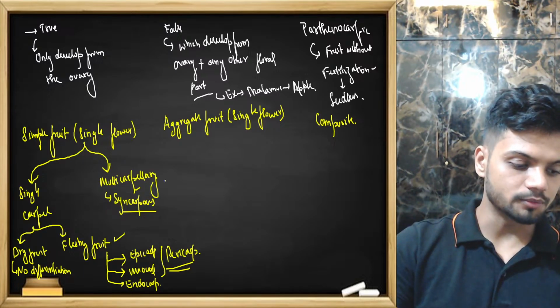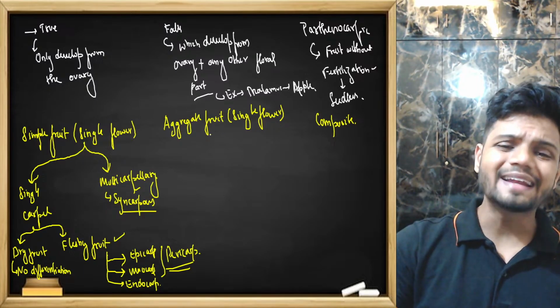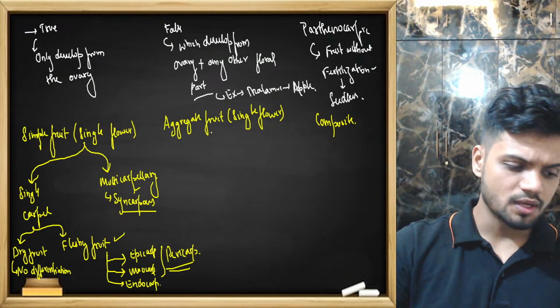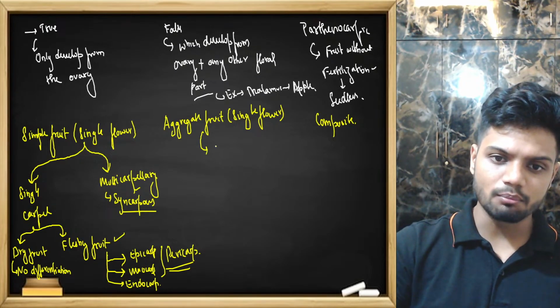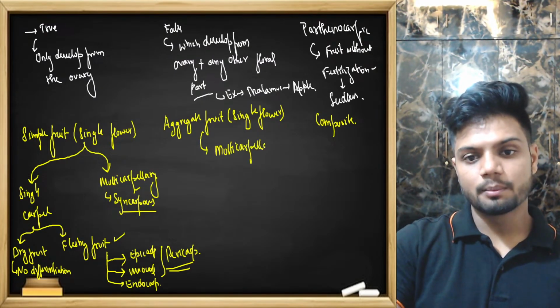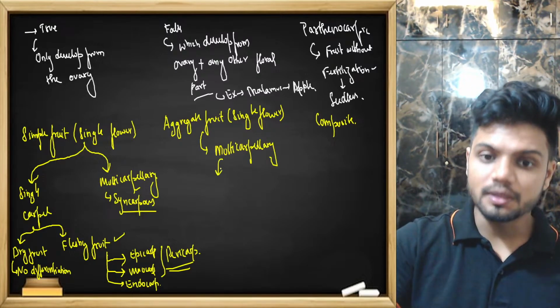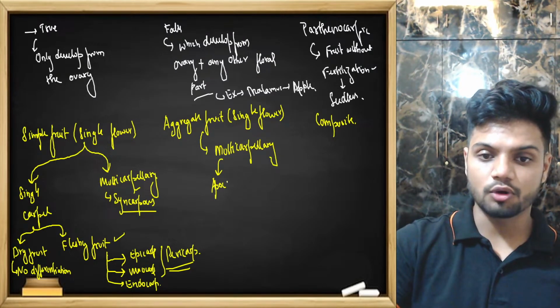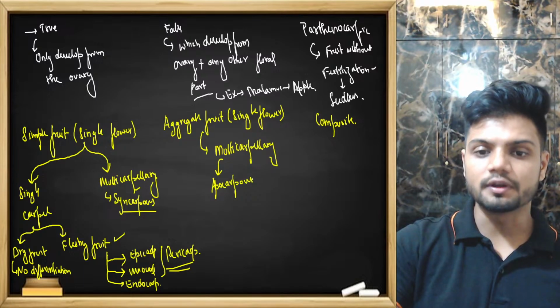Okay, simple fruit. Now, students, what is aggregate of fruits? Aggregate of fruits develops again from a multicarpellary condition, but this time the carpels will be apocarpous. Understand the example, you will love it. See here.